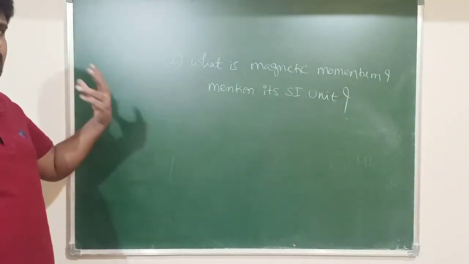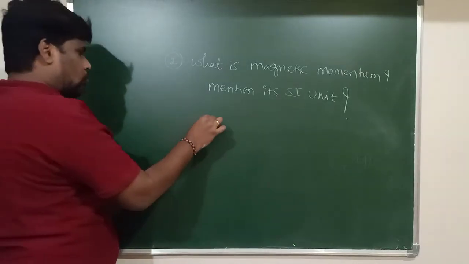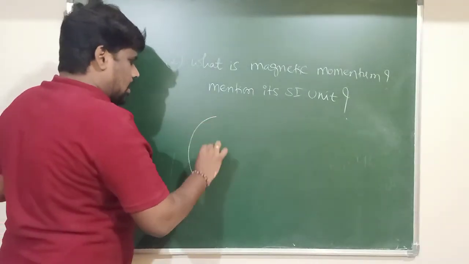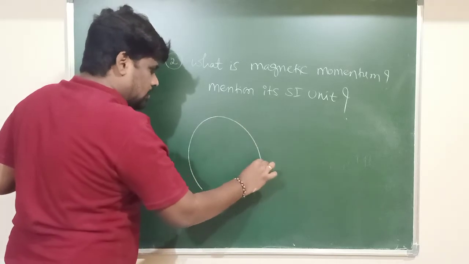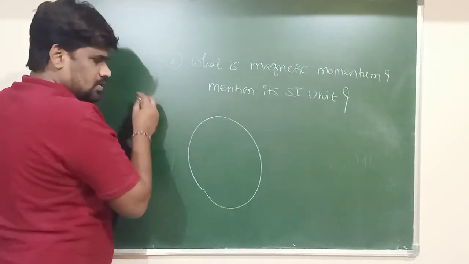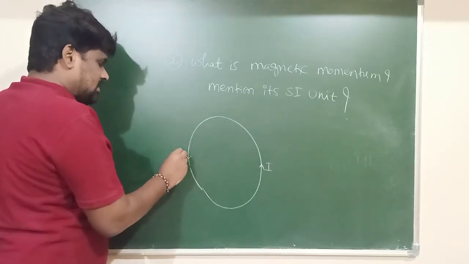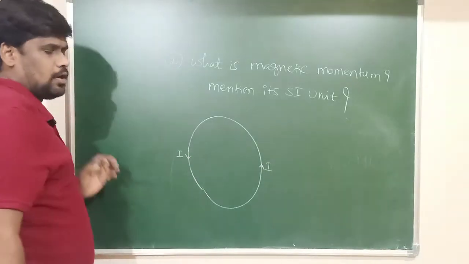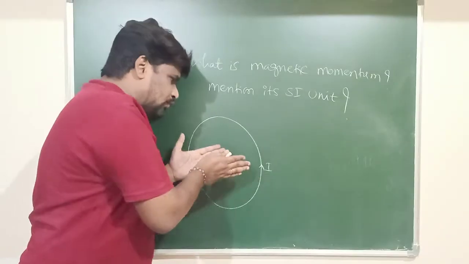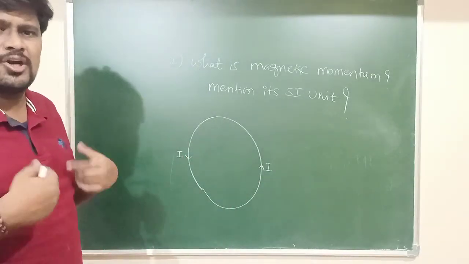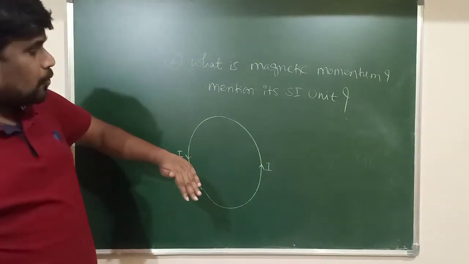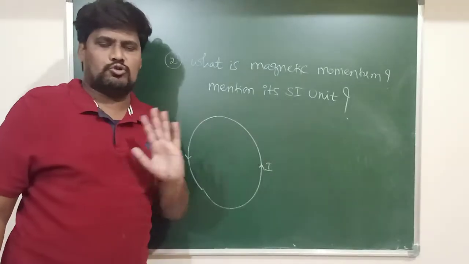If you consider a circular coil or a circular loop and pass a current through this circular loop, one of its faces behaves as the north pole, and its opposite face behaves as the south pole.